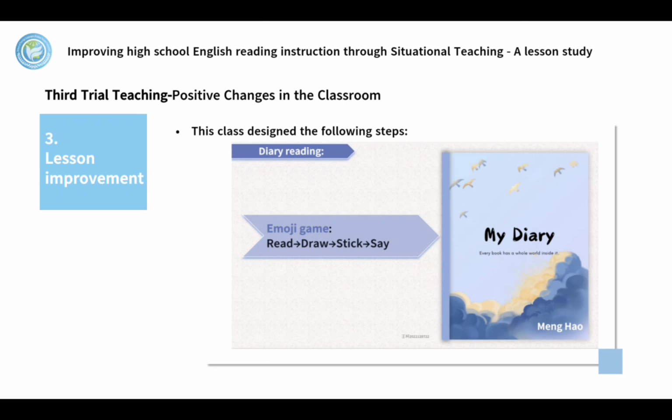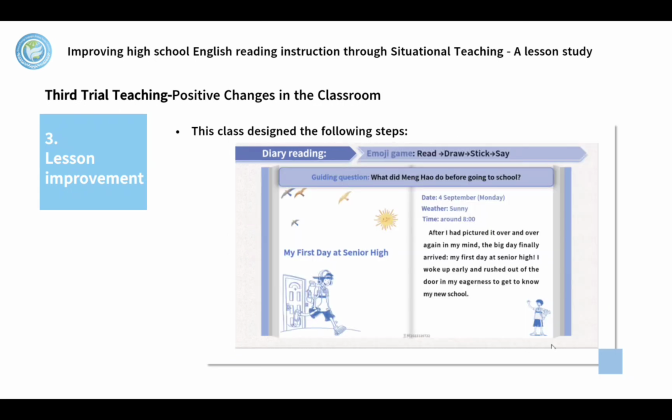In the situation, the teacher as a leader led the students to actively read the diary together, reflecting the student-centered concept. And next, in the applying and practicing part, the teacher transformed the traditional reading and answering questions in the reading practice into an interesting emoji game.